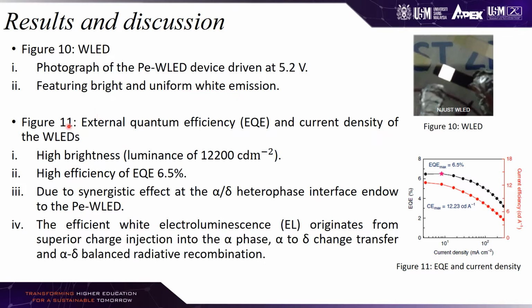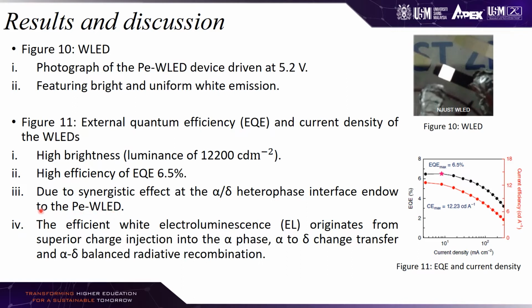Figure 11 shows the external quantum efficiency, EQE, and current density of the white LEDs, with a high brightness, a luminance of 12,200 candela per meter squared, and a high efficiency of EQE 6.5%, due to the synergistic effect at the alpha to delta heterophase interface in the perovskite white LEDs.